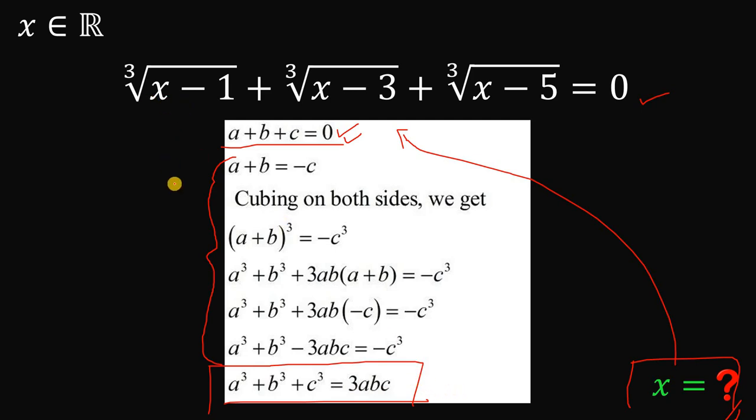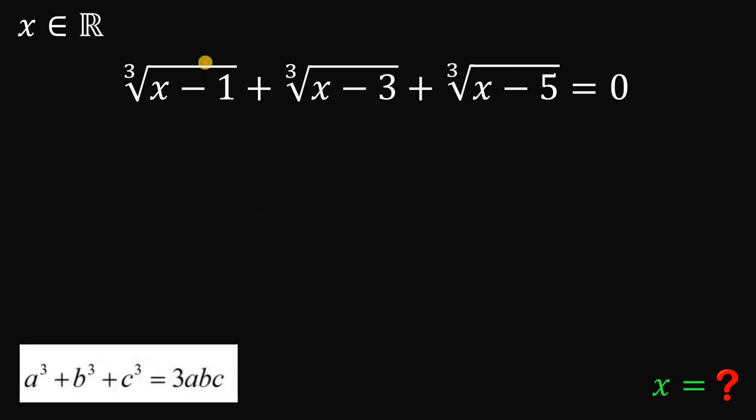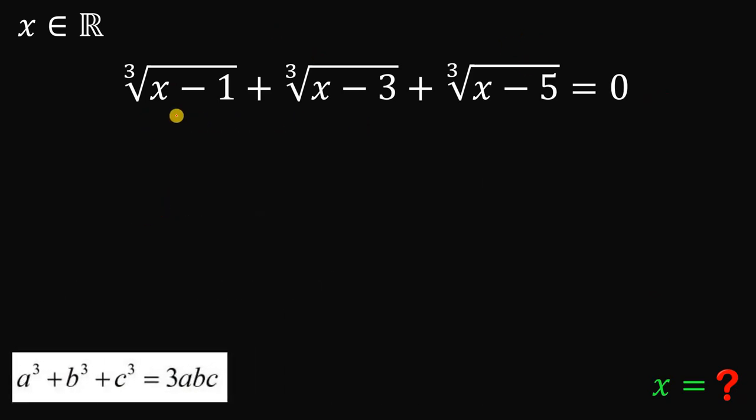The reason is we have cube root, and if we let this term be equal to a, this term be equal to b, and this term be equal to c, and we cube this term, we cancel out cube root. Now, using this identity, we know this equals 0, so we can let this a, this b, and this c.